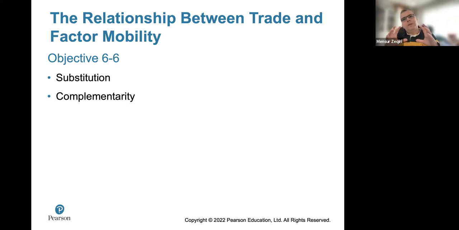When we talk about factor proportions, which we discussed earlier, they vary widely among countries. In these cases, there is pressure for the abundant factors to move to countries with greater scarcity, where they can command a better return.